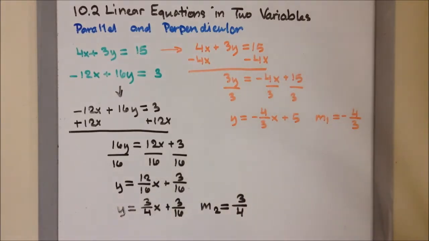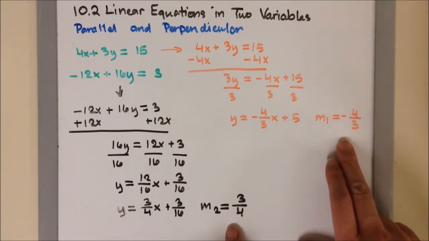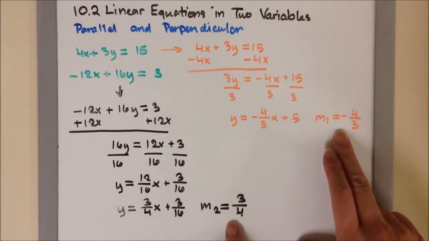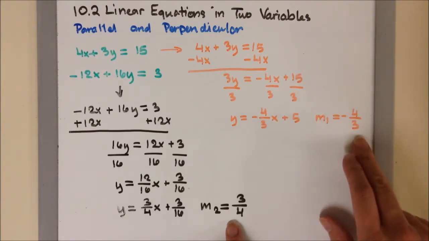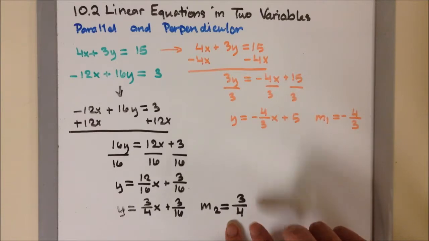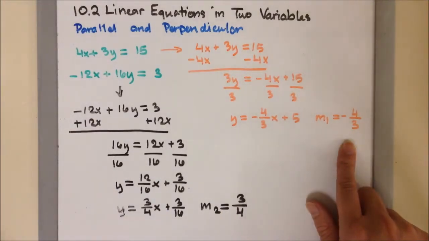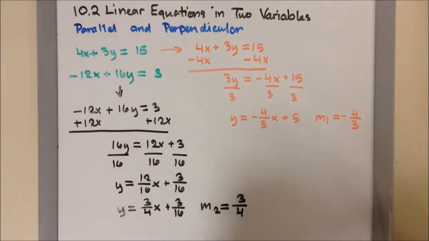So looking at slope 1 and slope 2, they're opposite to each other because one is negative, one is positive, and they are reciprocal to each other because 4/3, when you flip it, is 3/4. And if you were to start with 3/4, when you flip it, it's 4/3. So therefore, these two linear equations are perpendicular to each other.